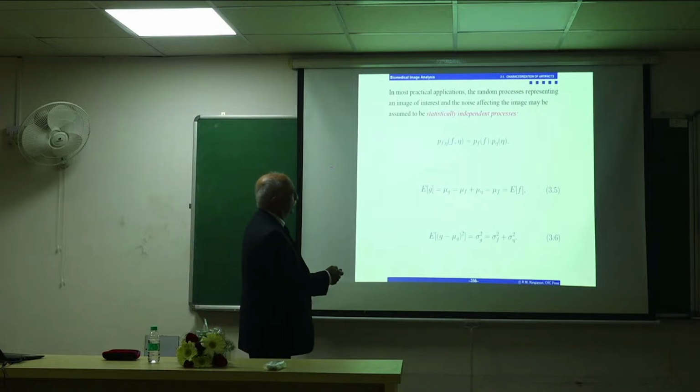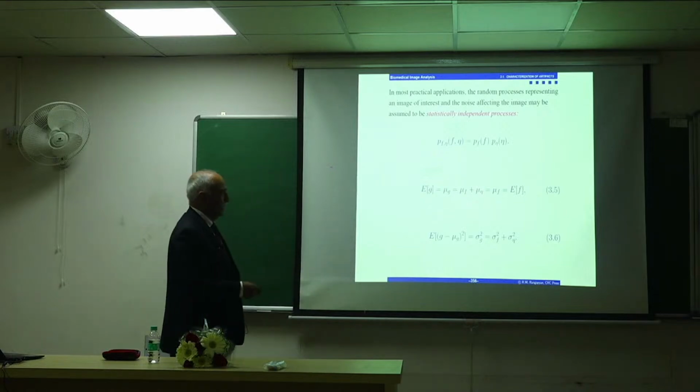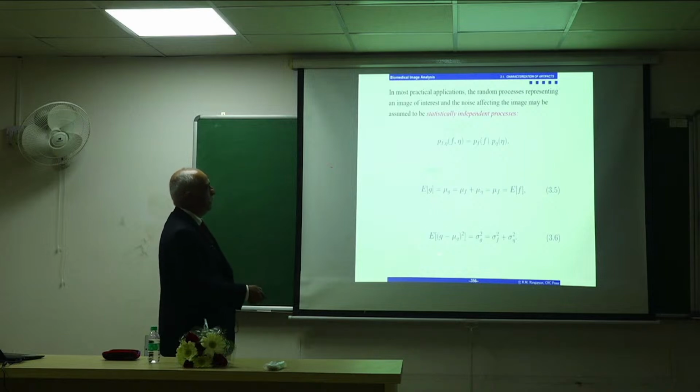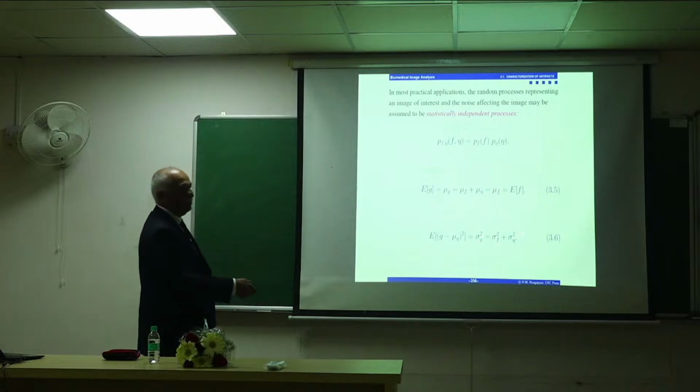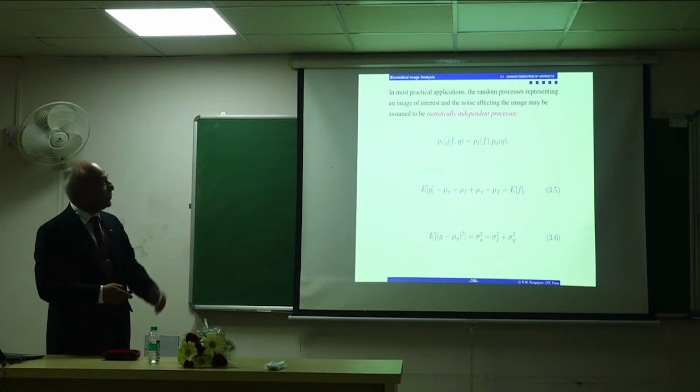The expectation of g in this case is additive. The means are additive: mu_g is mu_f plus mu_eta. That happens due to linearity. But with statistical independence, you also get this relationship: the variance of g is the variance of f plus the variance of eta. The powers get added.